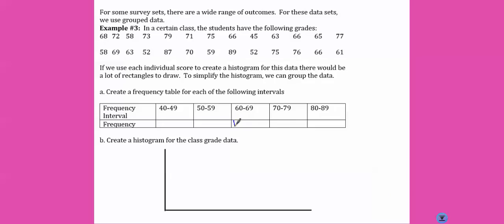So 68 goes here, 72 goes here, 58, 73, 79, 71, 75, 66, 45, 63, 66, 65, 77, 58, 69, 63, 52, 87, 70, 59, 89, 52, 75, 76, 66, 61.